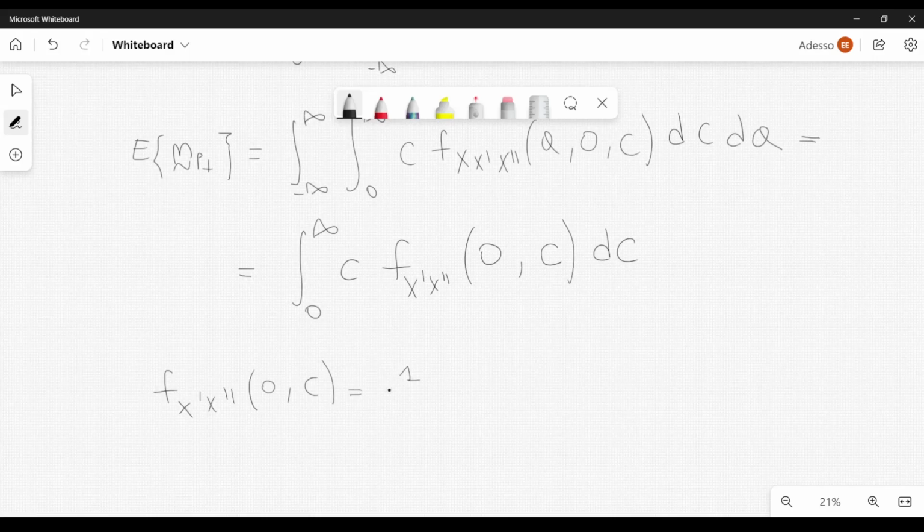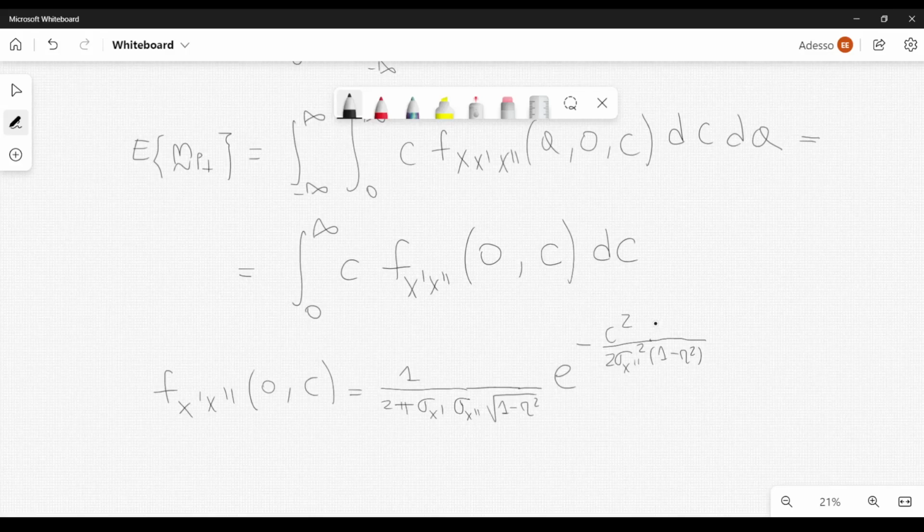You can rewrite this as 1 over 2 pi sigma x prime, which is the standard deviation of the variable x prime, and then you have sigma x double prime, and then here you have the square root of 1 minus r squared, where this scalar r represents the degree of correlation between x prime and x double prime. Then here we have e to the minus c squared divided by 2 sigma x double prime squared, 1 minus r squared.